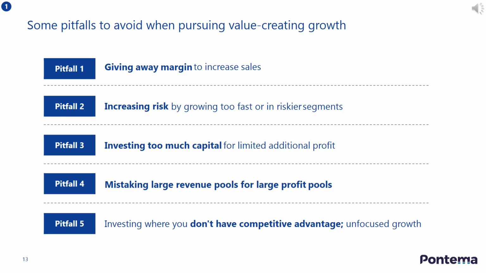Risk can be managed by growing moderately to preserve cash, and moving into adjacent market segments rather than new or high-risk segments. Thirdly, avoid investing too much capital for limited additional profit, a tactic often pursued to win market share.